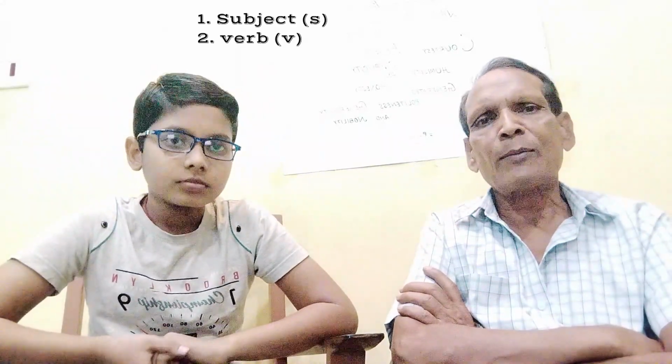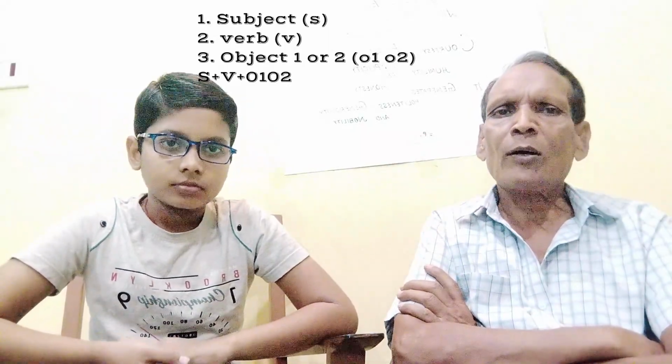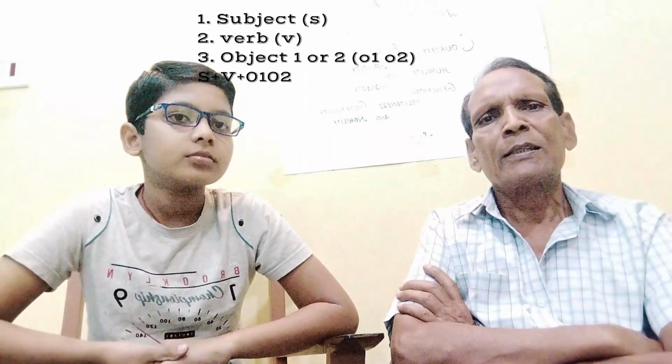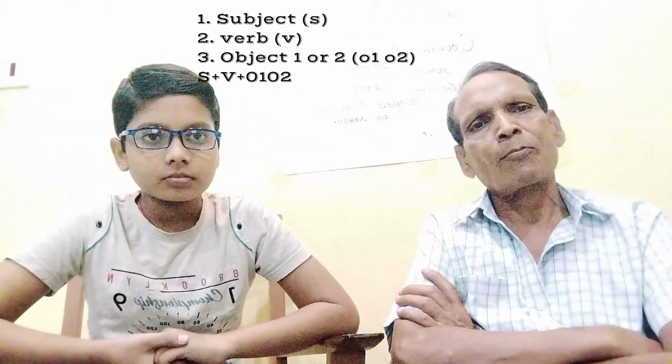And in order to make a sentence passive voice, first of all, we have to find out that this sentence must have three important aspects. Number one, the sentence must have a subject. Number two, the sentence must have a verb. And number three, the sentence must have one or two objects.